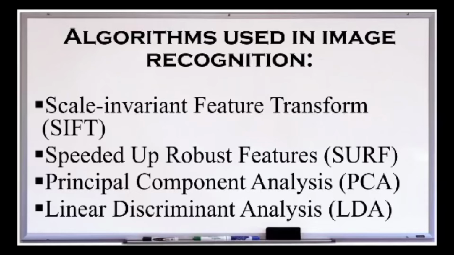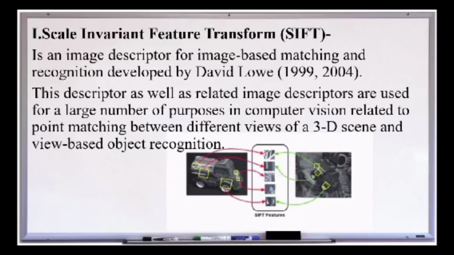Algorithms used in image recognition: scale invariant feature transform, SIFT; speeded up robust features, SURF; principal component analysis, PCA; linear discriminant analysis, LDA. Number 1, scale invariant feature transform or SIFT. It is an image descriptor for image-based matching and recognition developed by David Lowe from 1999 to 2004.